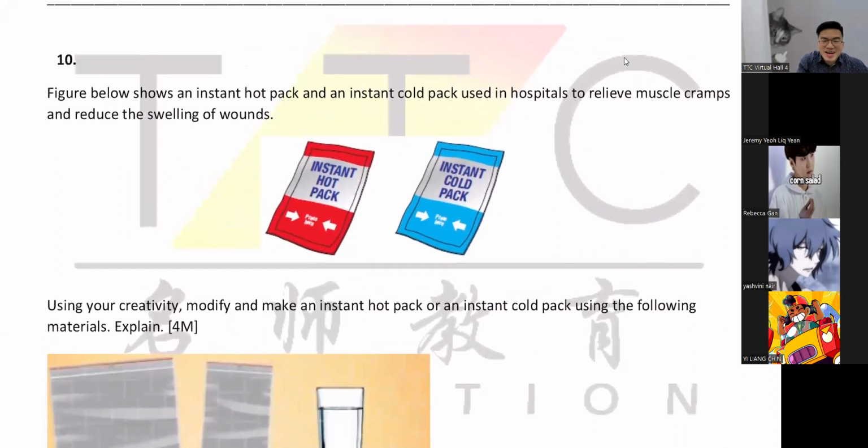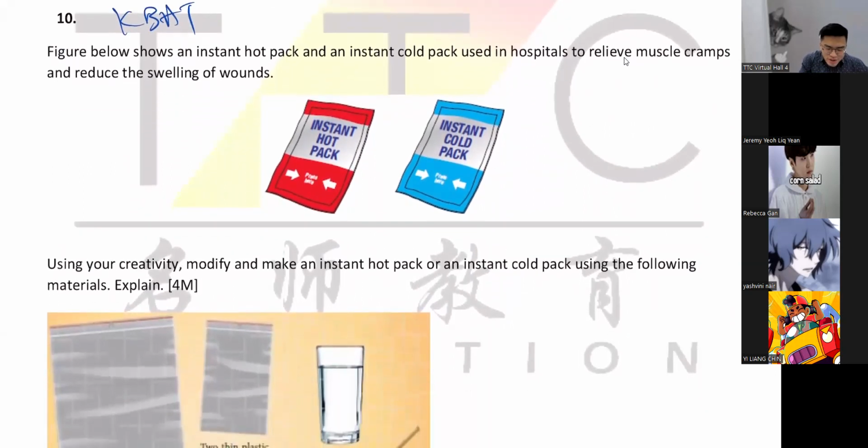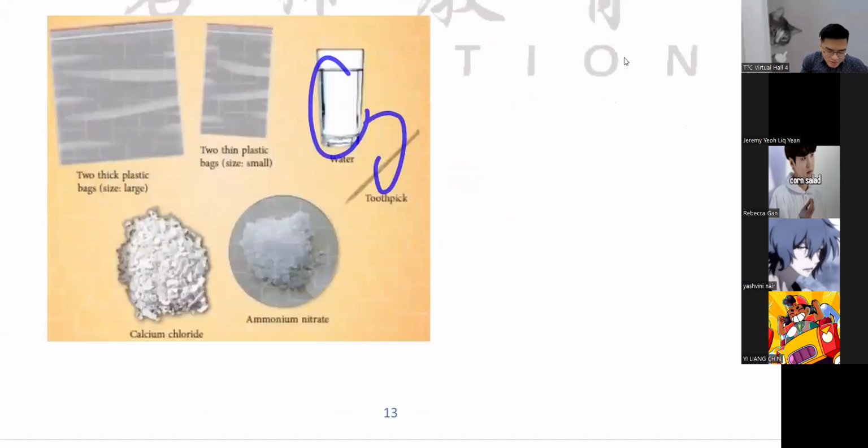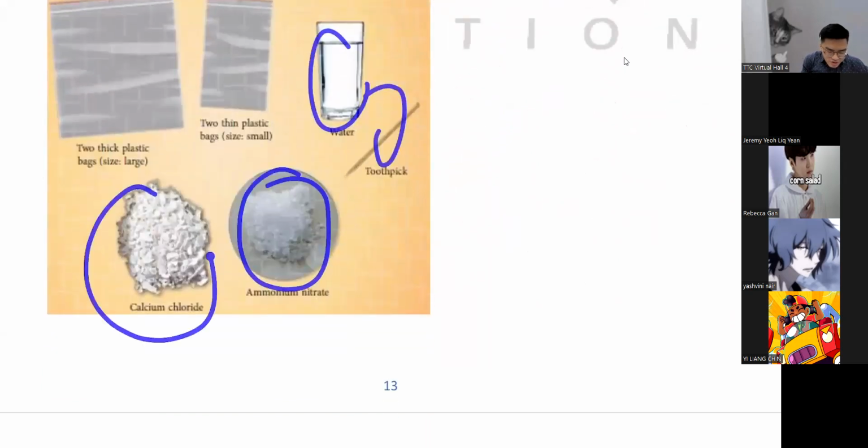Question 10. This is a so-called KBAT question. They want you to make a hot pack and a cold pack using these things. You might say, what are these? They will give you a big zip bag and a small zip bag, and then water and a toothpick. They give you ammonium nitrate and calcium chloride.